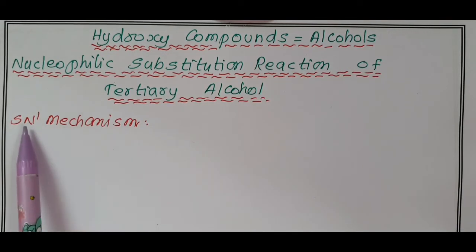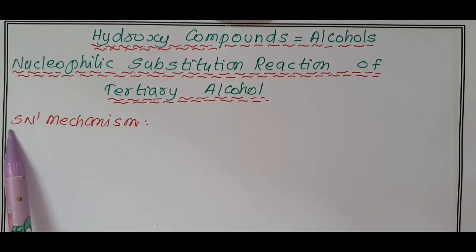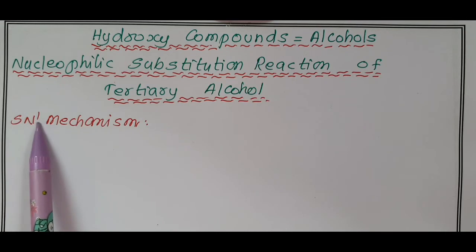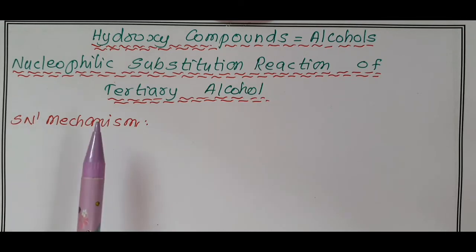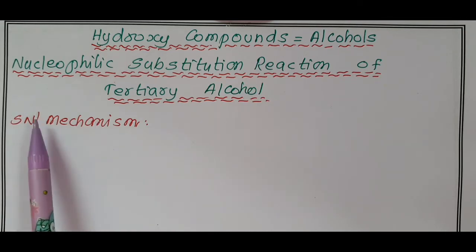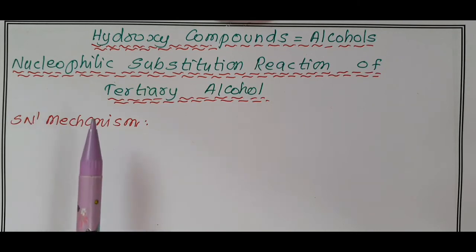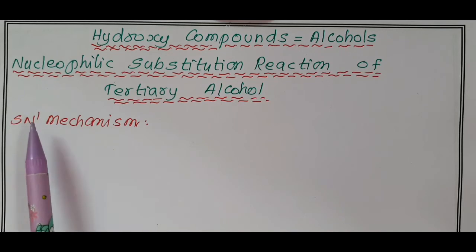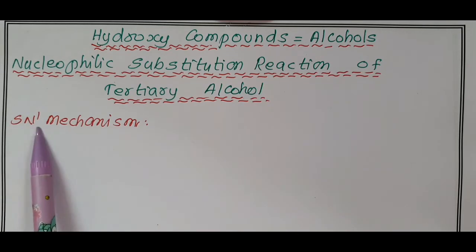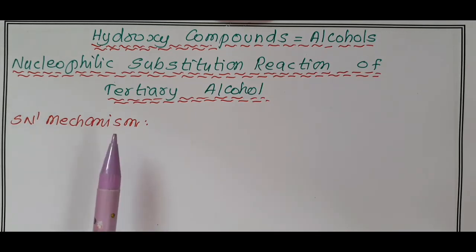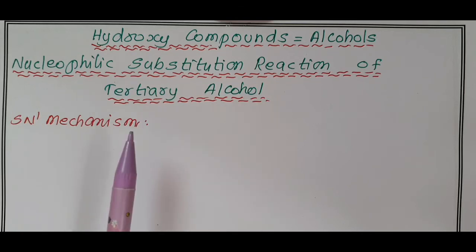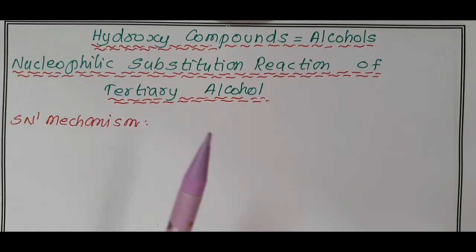When the rate of a nucleophilic substitution reaction depends upon the concentration of the substrate only and the order of the reaction is 1, it is called an SN1 reaction. It is a two-step process. The first step involves formation of a cation. In the second step, a nucleophile substitutes the OH minus ion.